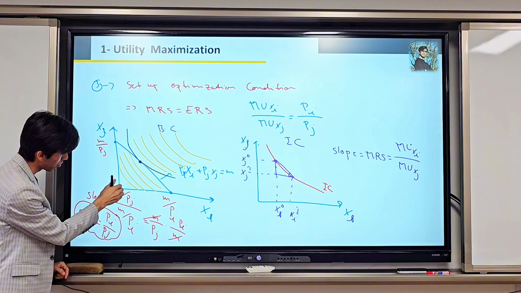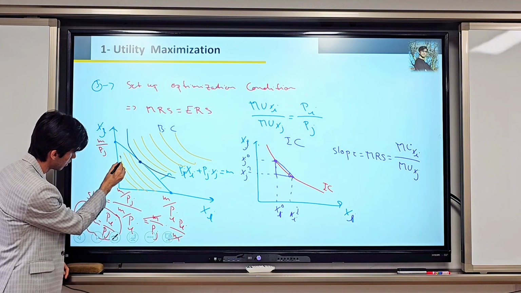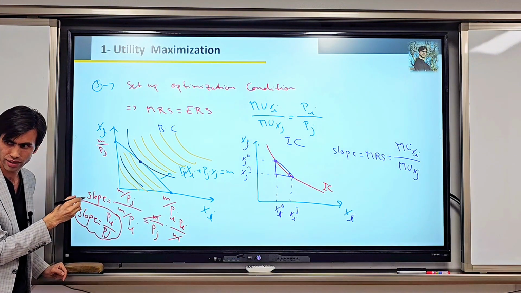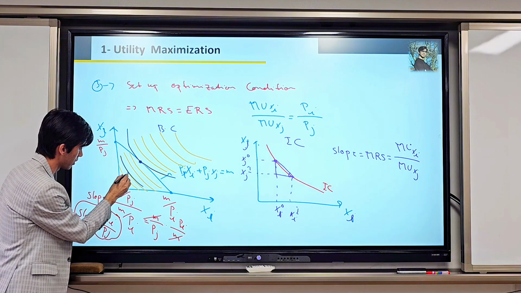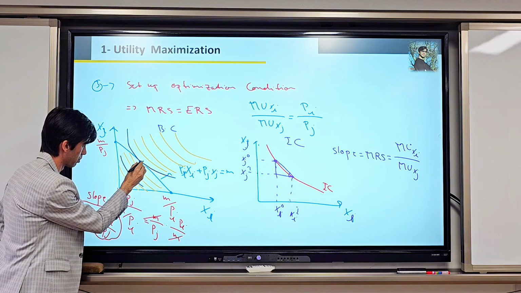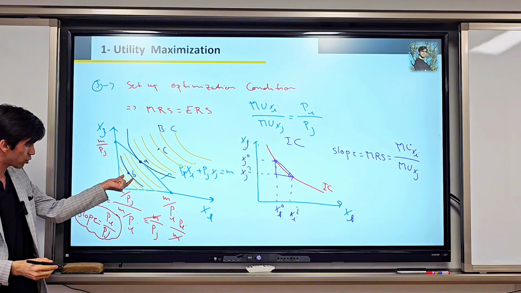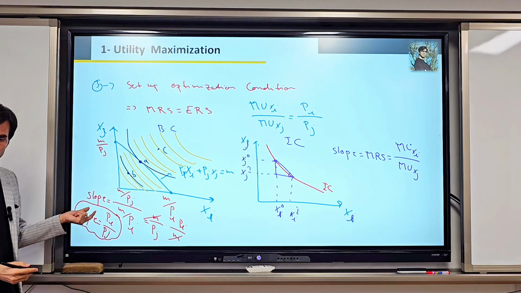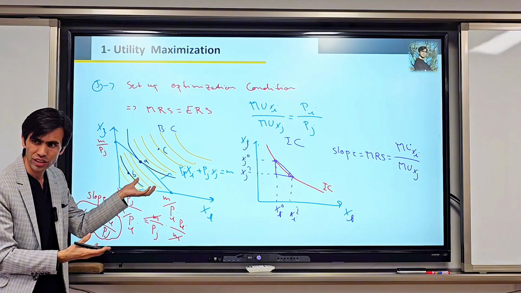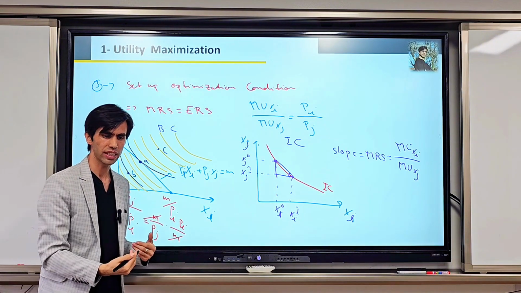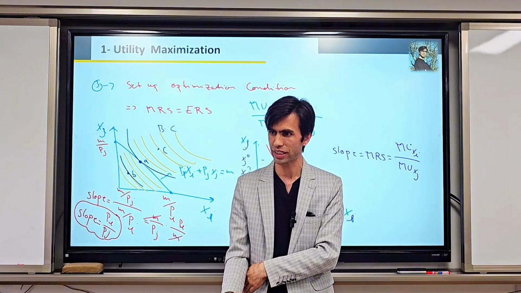Why are we not consuming on this indifference curve? For example, let's say this one is point B, this one is point A, this one is point C. Why do we not consume point B? Because we have something to consume more. As we say in preference relation, more is better.